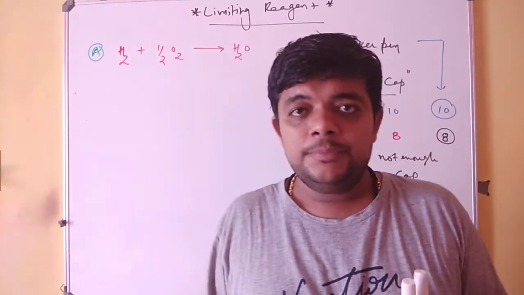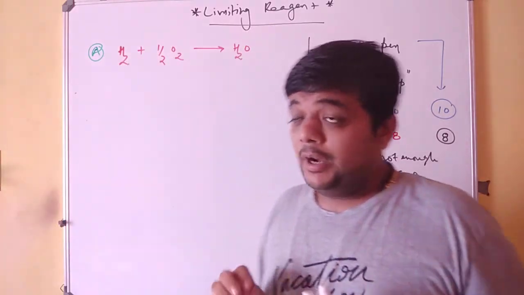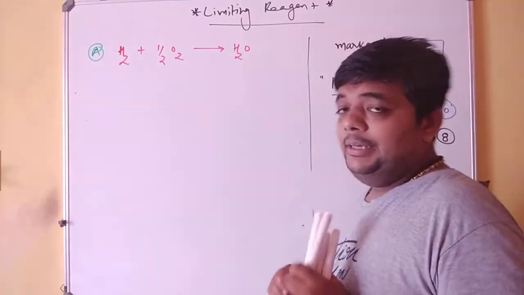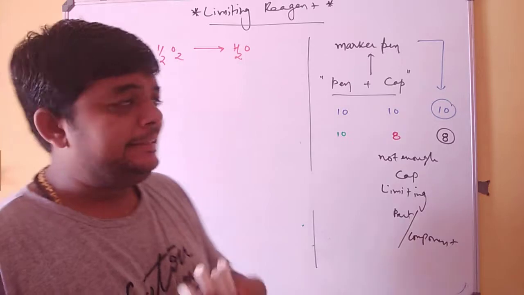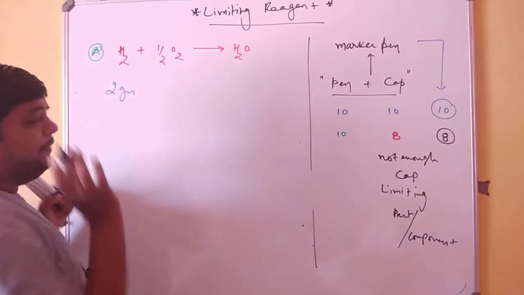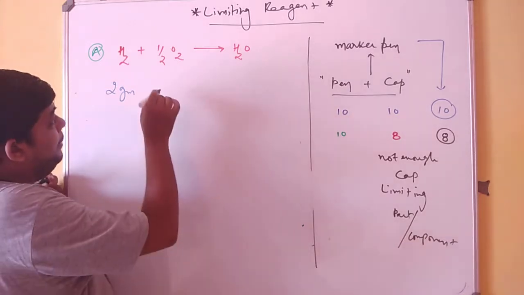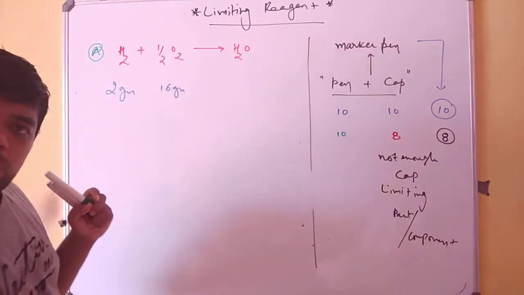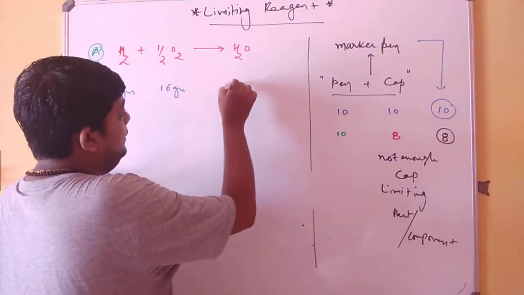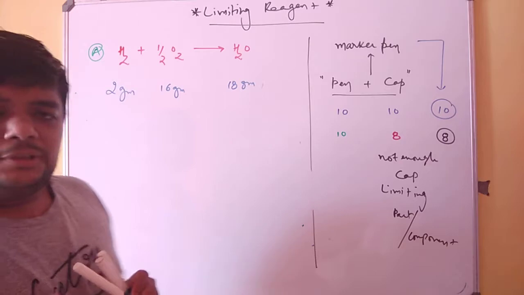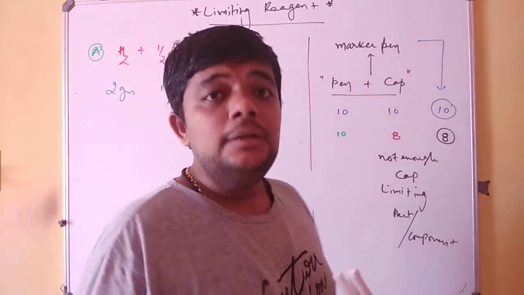And if I try to find out the weight associated with this data set, I can say that 2 gram of H2 combines over here with 16 gram of O2, giving me 18 gram of water. This situation is theoretical.